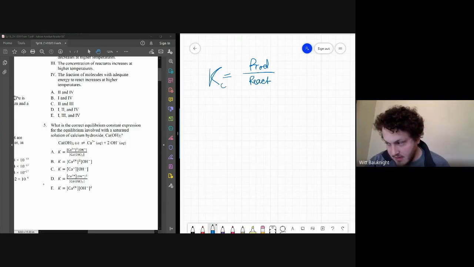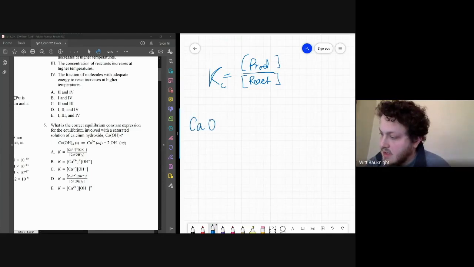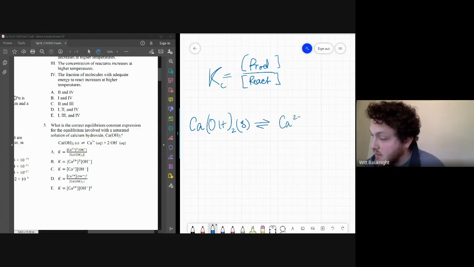And for Kc, it's concentration of products over reactants. But let's take a close look at this chemical reaction. We've got calcium hydroxide in the solid state dissociating to form the calcium ion and 2 hydroxide ions. These are in the aqueous state.